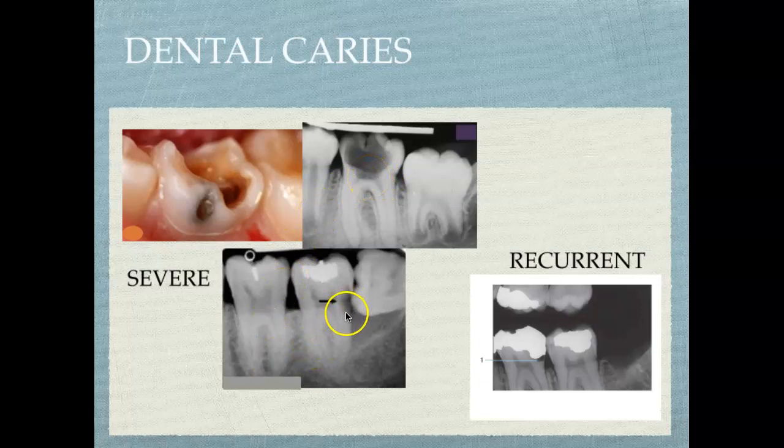Here is decay on the distal area, so we also remember about location, and this is actually onto the root of this tooth, so this could be termed as a class 5 or a cemental caries or root caries. Another term is recurrent caries, so caries that develop underneath an existing restoration or a crown, and that would be recurrent caries.